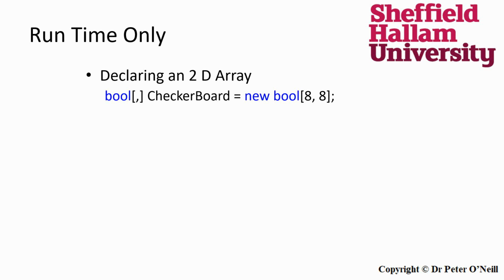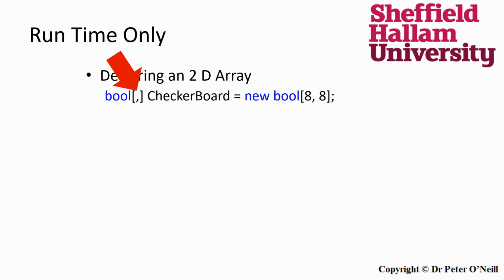And it is instantiated when we call this line in its entirety, because we say new Boolean 8 by 8. Basically, we're creating a checkerboard just like we just looked at. So the comma declares the fact that it is a two-dimensional array instead of a single-dimensional one.